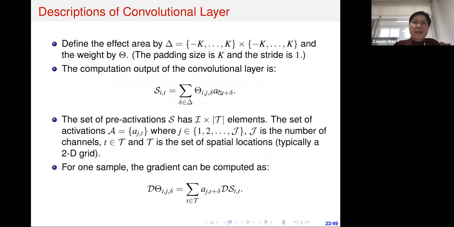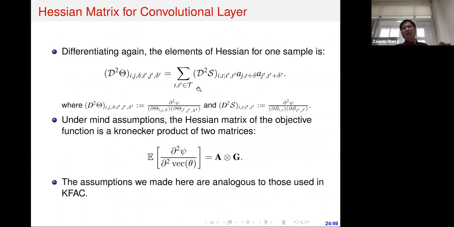So now let's look at the convolutional layer, because the convolutional layer is kind of complicated. But by making some assumptions and by some calculation, we can show that the Hessian in this case is actually a Kronecker product between two matrices. The assumption is very similar to those used in the KFAC method.